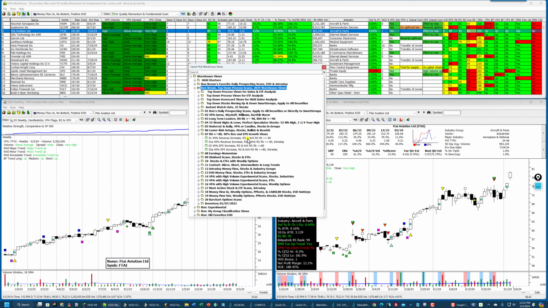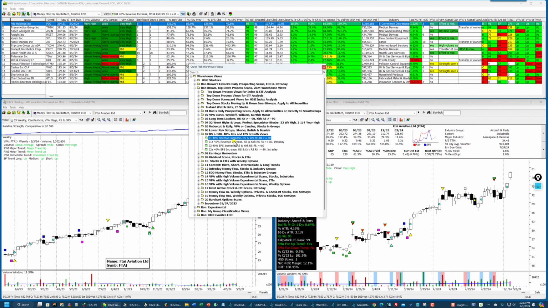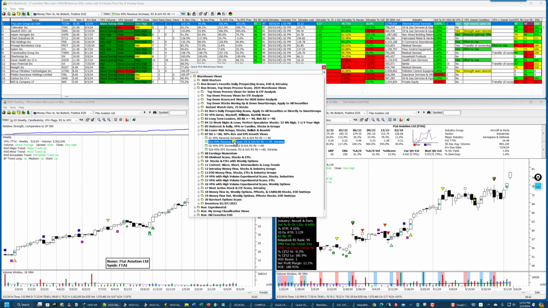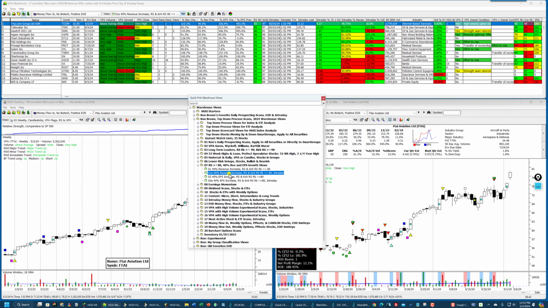Now there's a folder right above it with relative strength above 80 and a 40% revenue increase. The relative strength is both for the ACSI relative strength and the Kirkpatrick relative strength, and then 40% revenue increase. So you can just narrow down the list quickly with these.